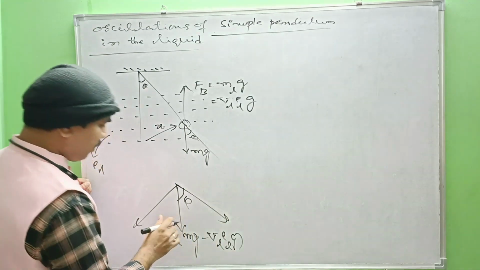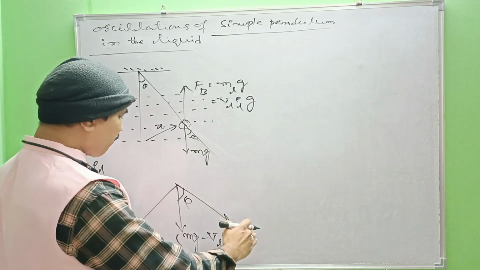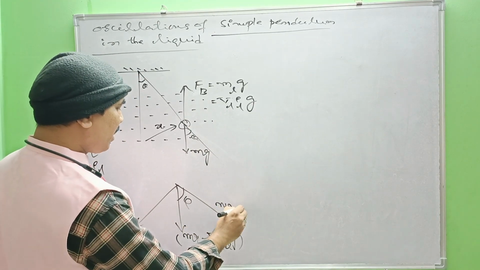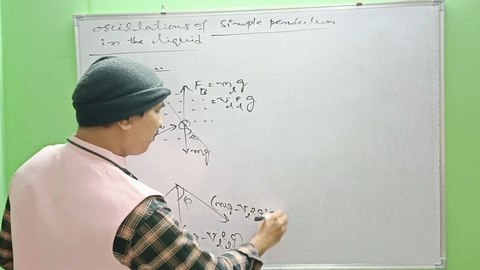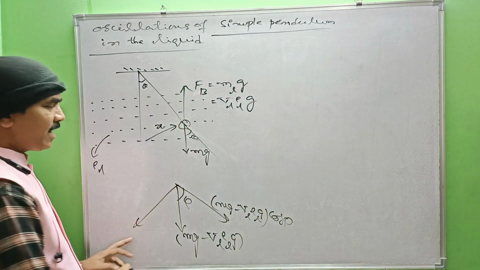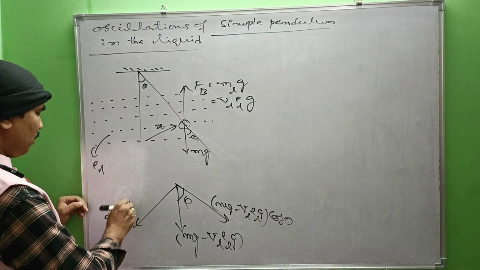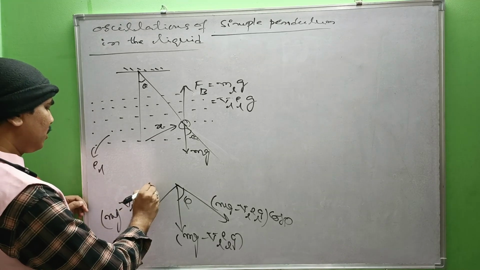Therefore, if mg minus VL rho L g is resolved into two mutually perpendicular components, this is the cos component, that is mg minus VL rho L g into cos theta. This is the sine component, that is mg minus VL rho L g into sine theta.